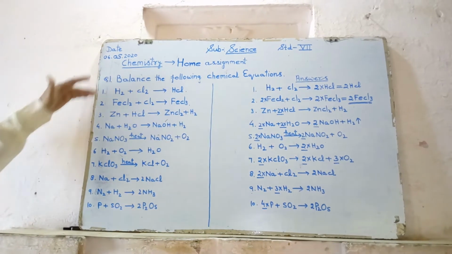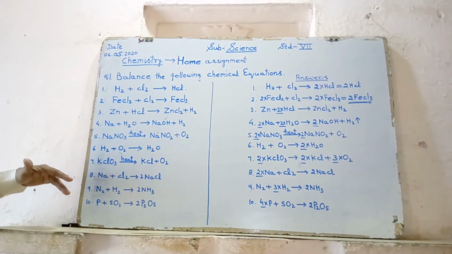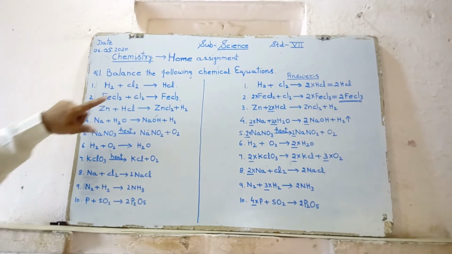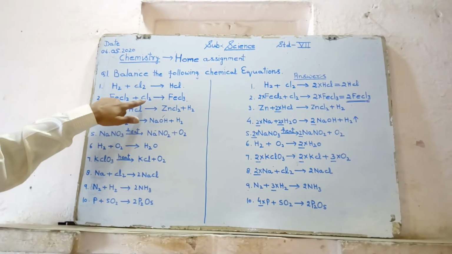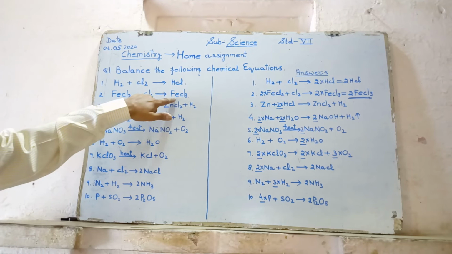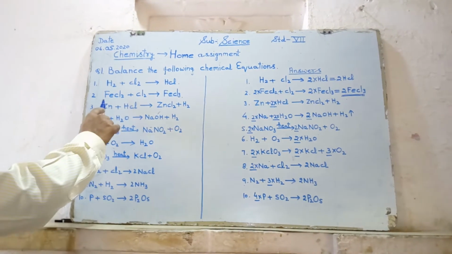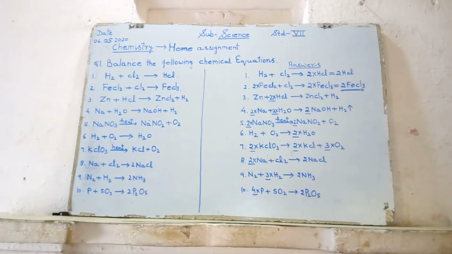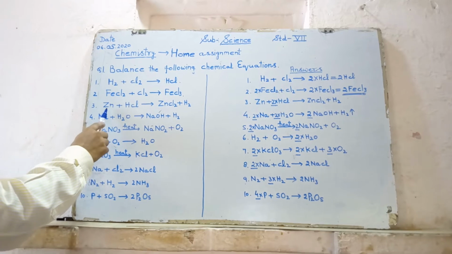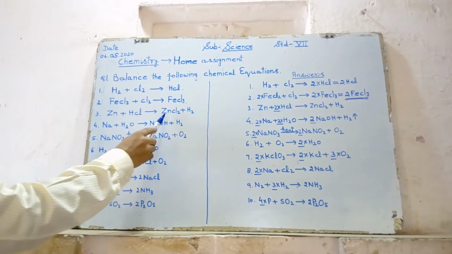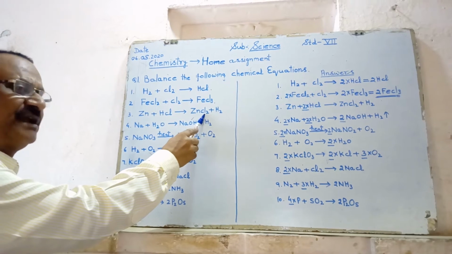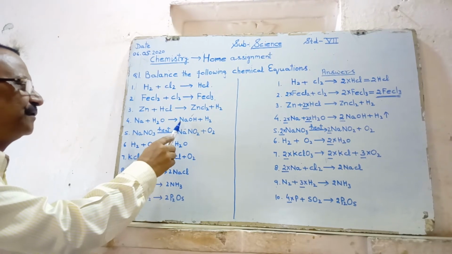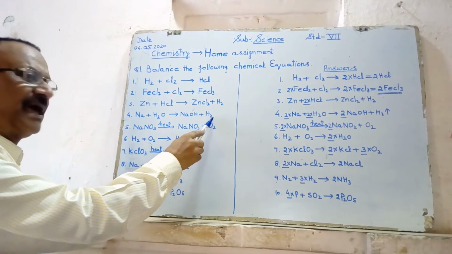These are the unbalanced equations given here. 1: H2 plus Cl2 gives HCl. 2: FeCl2 plus Cl2 gives FeCl3. Here FeCl2 is ferrous chloride and FeCl3 is known as ferric chloride. 3: Zn plus HCl gives ZnCl2 plus H2. 4: Na plus H2O gives NaOH plus H2.